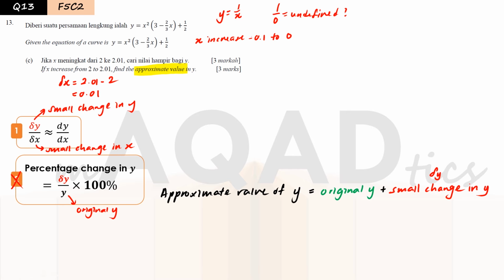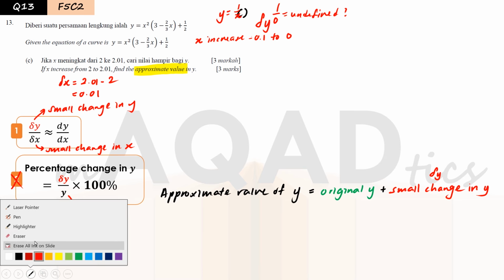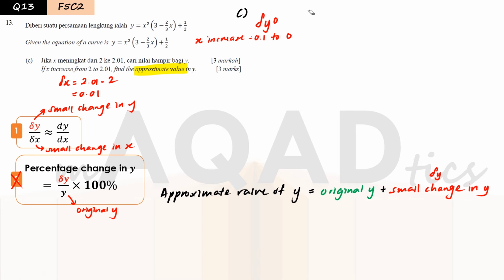Now coming back here, how do we find the original y and how do we find the small change in y? Let's focus on the small change in y first. To find this, we can use the first formula back. Let me erase this part a bit first. Since we are finding delta y, we need to make some changes to this formula.